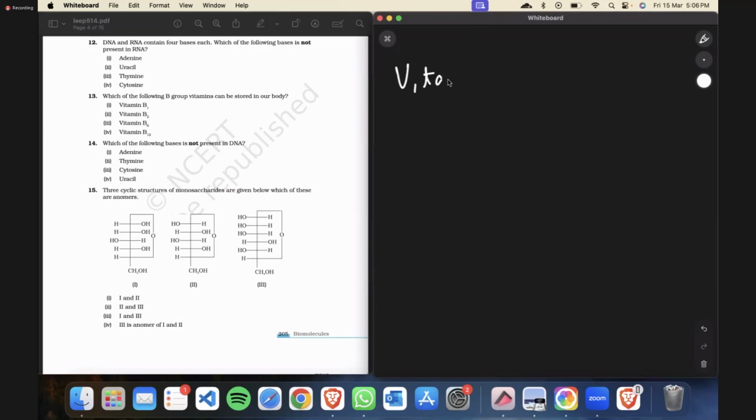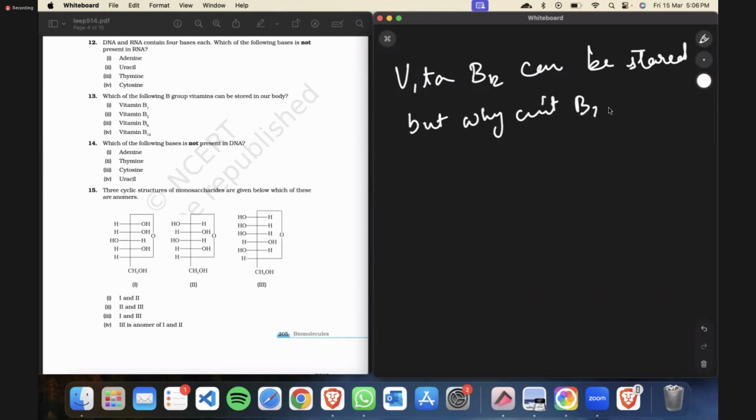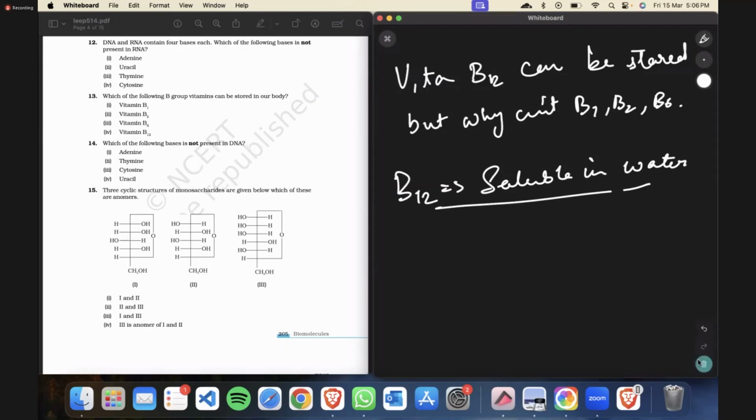Vitamin B12 can be stored, but why can't B1, B2, B6? Simple answer: B12 is soluble in water.